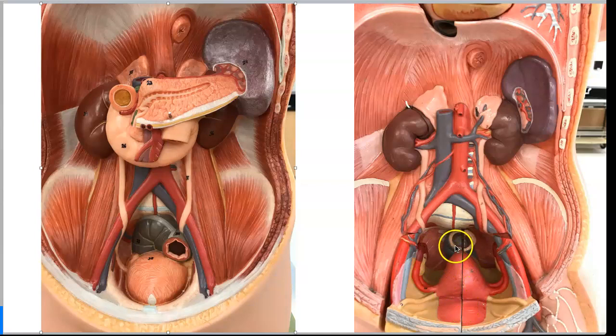You have the ovaries, and here's the rectum. Here is where the esophagus is entering into the abdominal cavity through the diaphragm. So the esophagus would be connecting to the stomach right here.